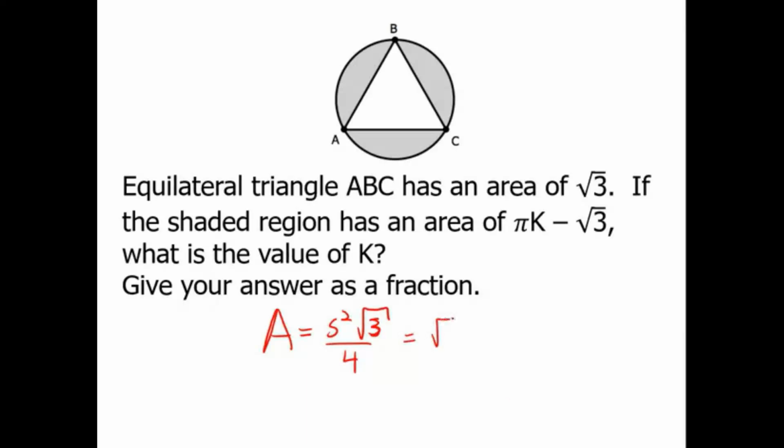So if this equals square root of 3, we divide both sides by square root of 3 and get s squared over 4 equals 1, s squared equals 4, s equals 2. Of course, it has to be positive because it's a length. So every side of the equilateral triangle equals 2. That's not the answer in and of itself, but that is helpful.